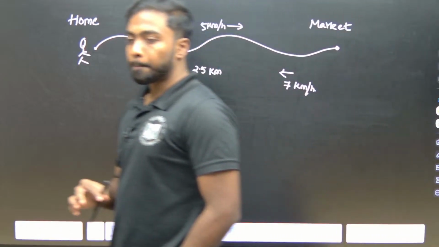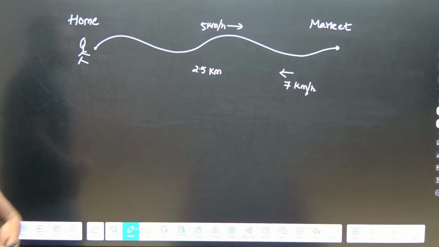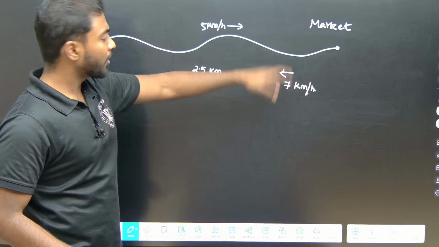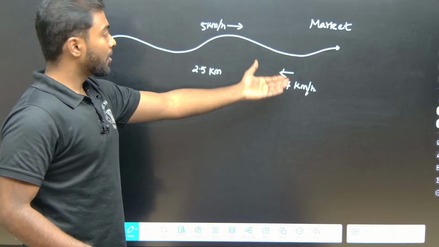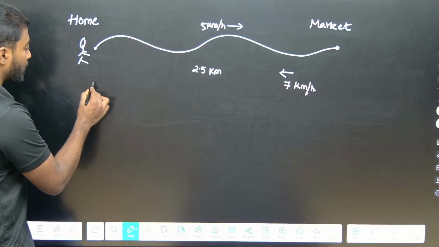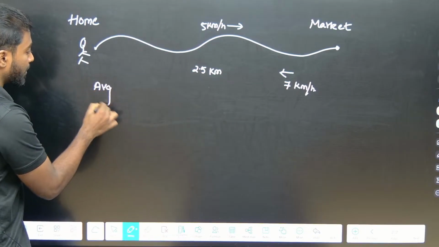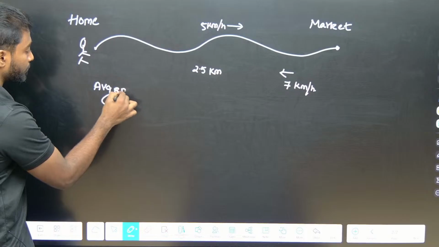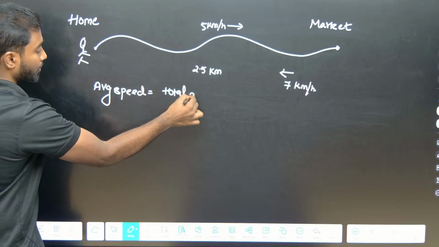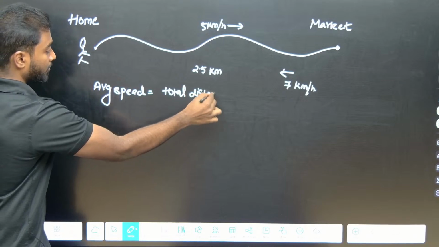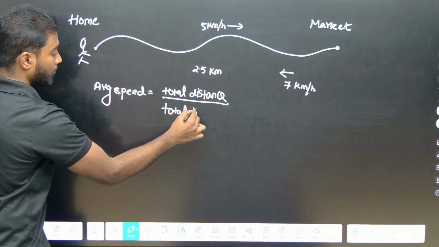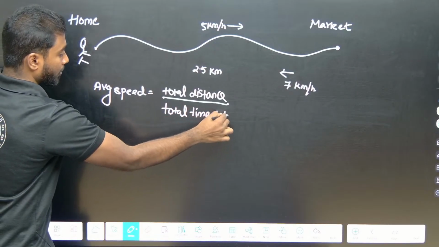Now I need to find the average speed. I need to find the time he has taken to go from home to market, and how much time from market to home. First, let me write the formula. Average speed is equal to total distance by total time taken.